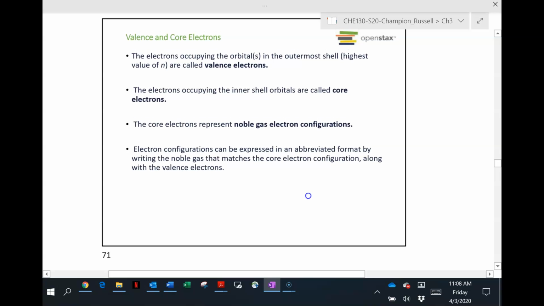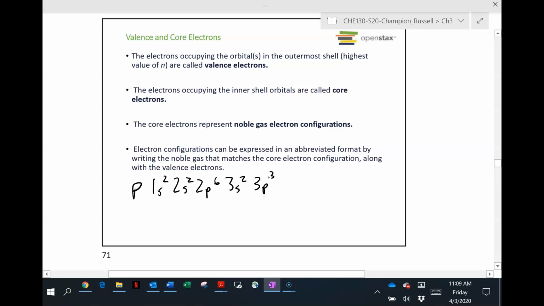So let's write an electron configuration. Let's do phosphorus, and I'm going to just do the electron configuration. Phosphorus is element number 15. So 1s2, 2s2, 2p6, that's 10 of our electrons, 3s2, we've got 12, we've got 3 left, 3p3.